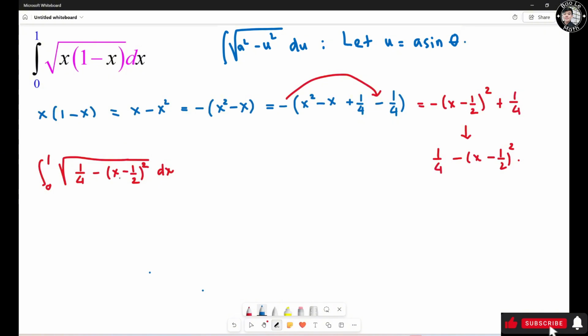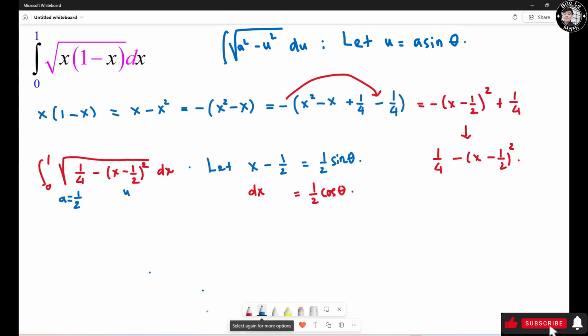In this situation, u is s minus 1/2, and a is 1/2. So I'm going to let s minus 1/2 equal 1/2 sine theta, then ds equals 1/2 cosine theta d theta.